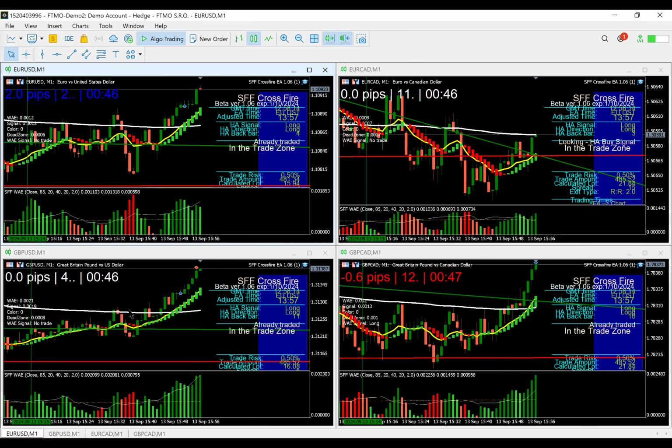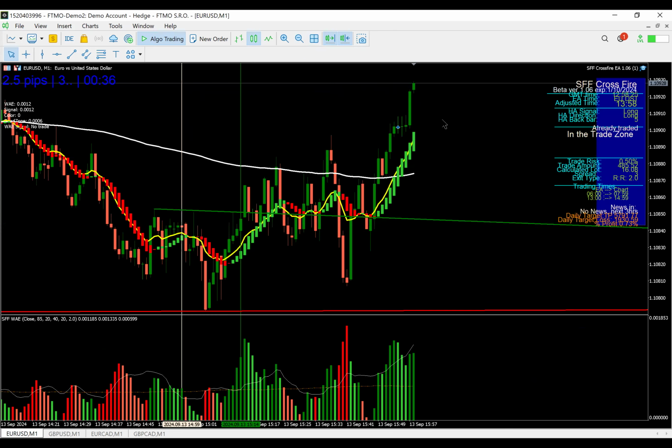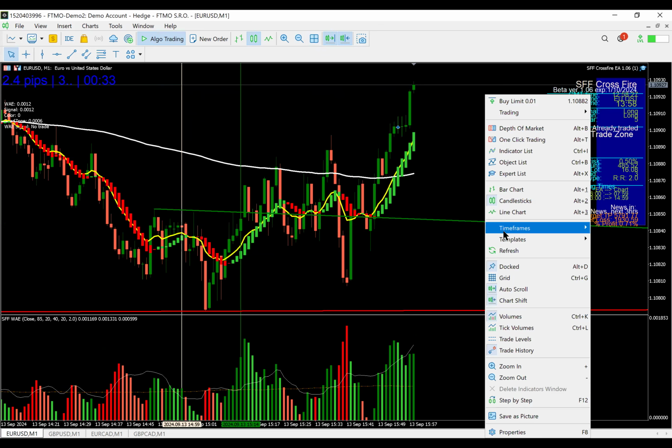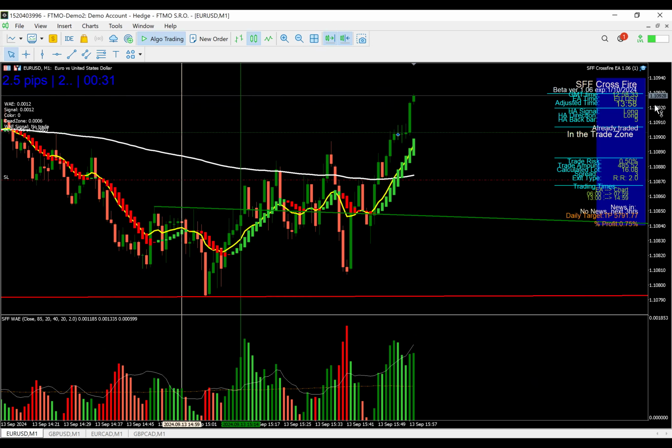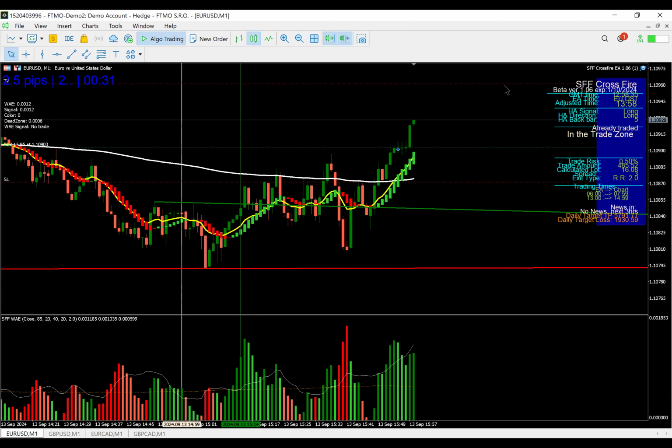We got into that one first, and that one was successful. This one is 2.4, 2.5 pips up. If I click on there and get trade levels, I'll get the lines on. And I've got a fair way to go on that one.